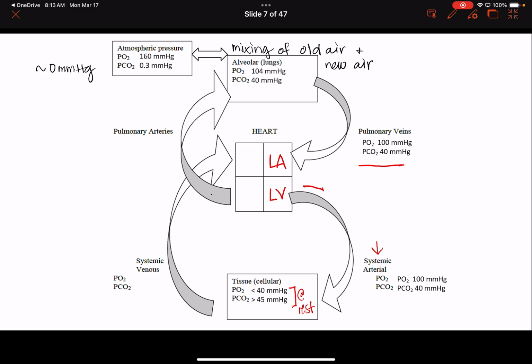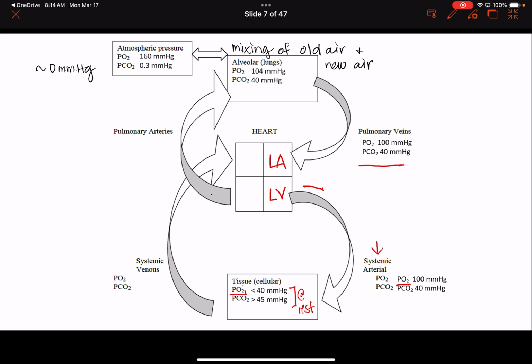So if our PO2 at the cells is 40, and our PO2 in the blood is 100, and you know that gases like to follow the lower pressure, which way is that oxygen going to want to move? Towards the tissues or towards the blood?